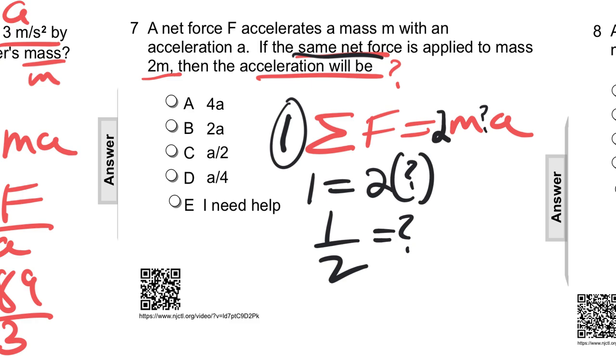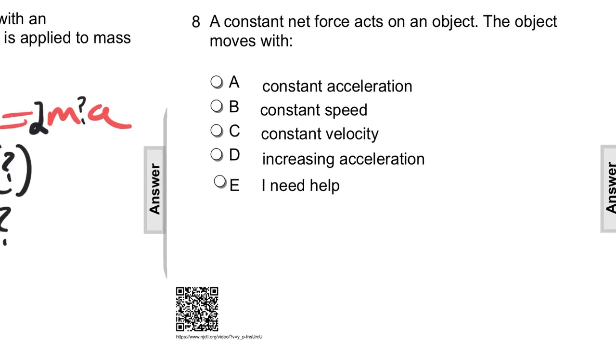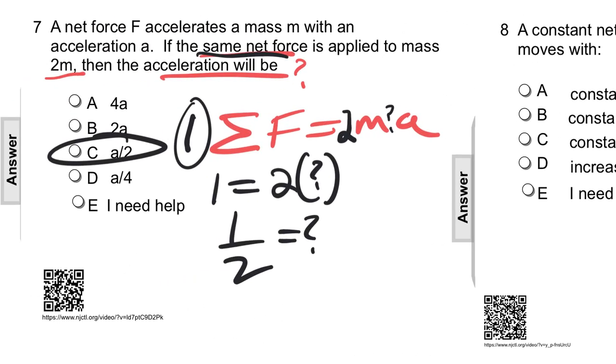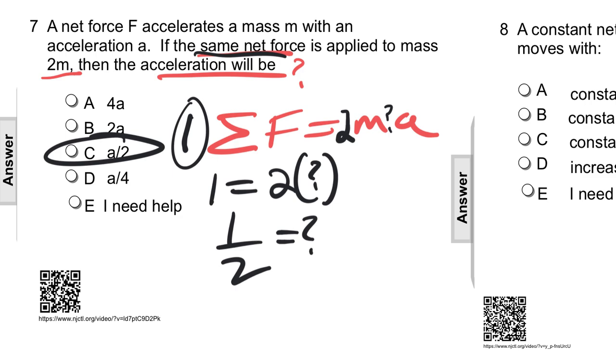It's now half of it. So these are what I call what if questions. If something stays constant and you change one of the other terms, what does that do to the remaining term? I just make a little math thing out of it.